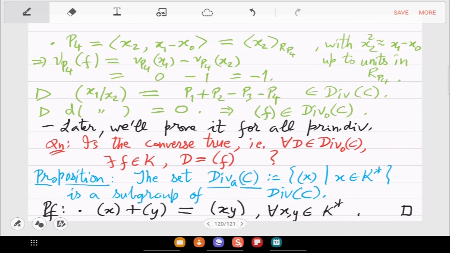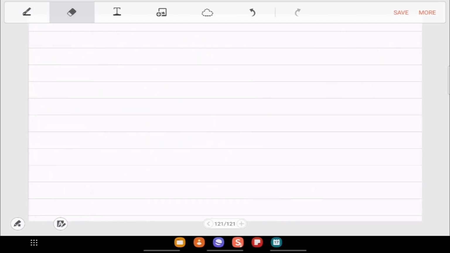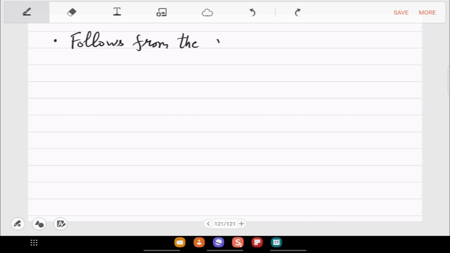Because we had this axiom in valuations, that on multiplication, on product, it is additive. So it's just that. It follows from the valuation axiom. Is that clear?